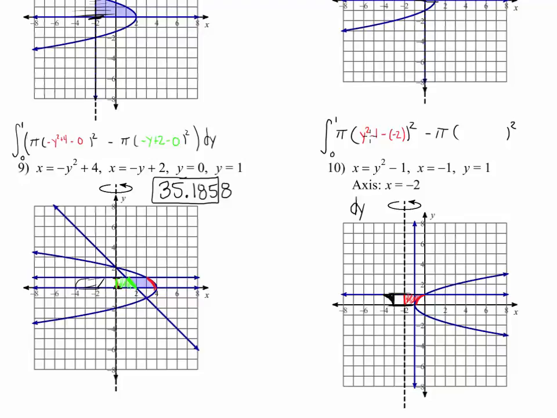Then I want to get rid of this area right in here. So let me just show you what that will look like. To get rid of that area, I use my inside curve, which is this one, and the bottom of it. So that's the top, bottom, that's the region I want to get rid of. So the top is just negative 1 minus my axis of rotation, which is negative 2.